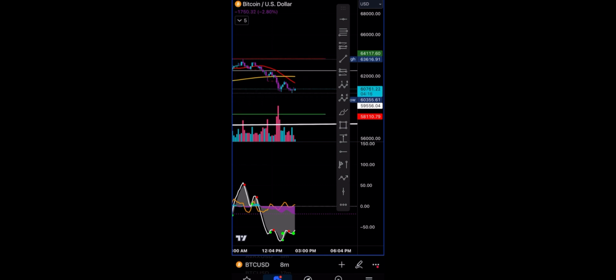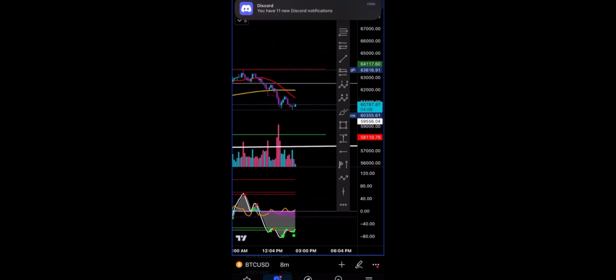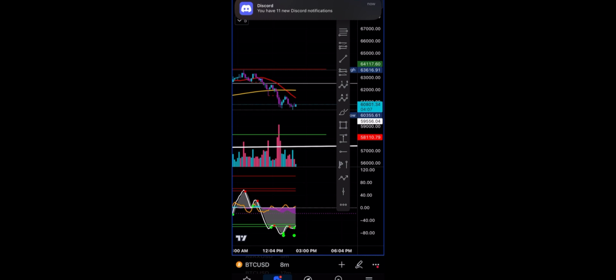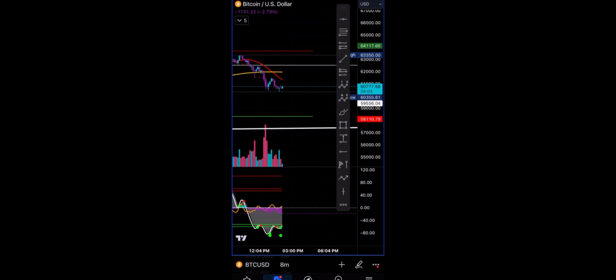So for this example, we did come down just a little bit, but as you can see on Market Cipher, you are able to see here that we have a green dot. So what I would do is we have a green support line here.